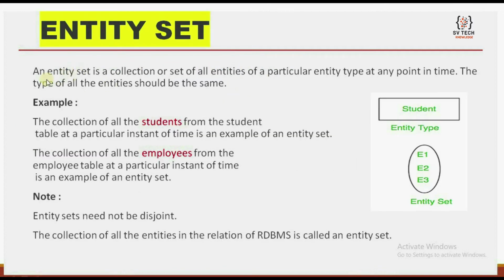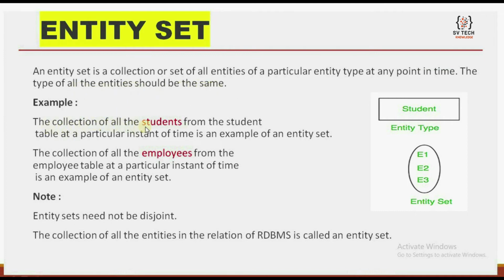Entity set. An entity set is a collection or set of all entities of a particular entity type. Suppose we have taken student as an entity type in the past slide. That student entity type's collection is known as entity set at any point of time. The type of all the entities should be the same.